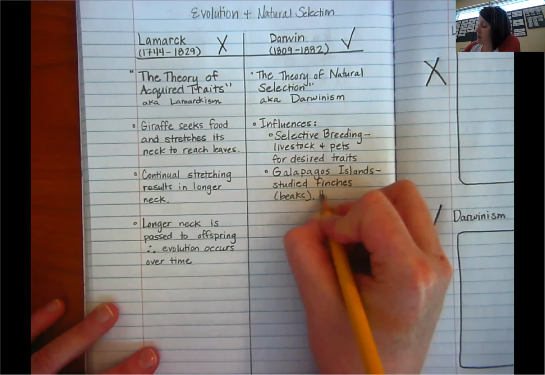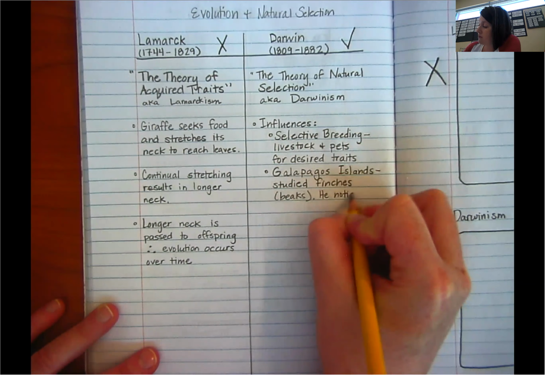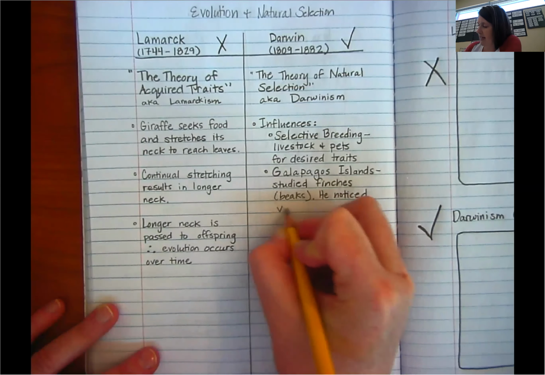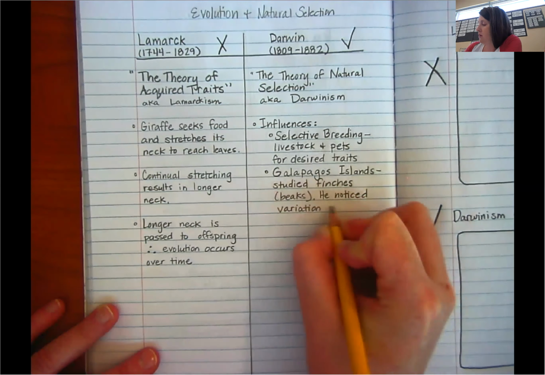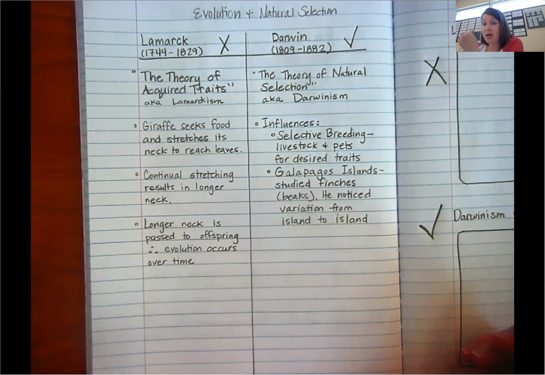He noticed variation from island to island. And he was like, wait a second. The variation gives that bird an advantage on that island. So if they have a longer, skinnier beak, they're able to, and he watched what they ate.